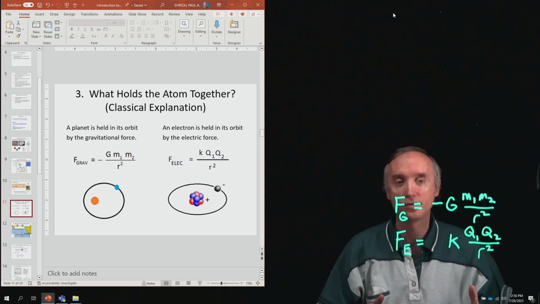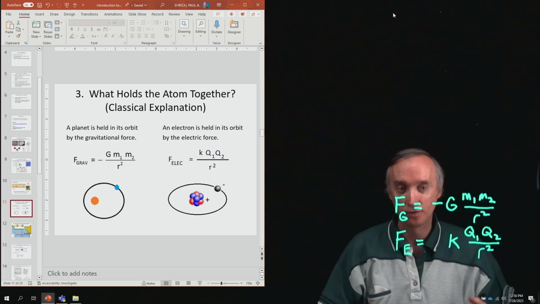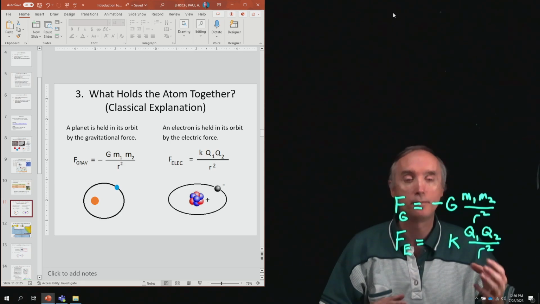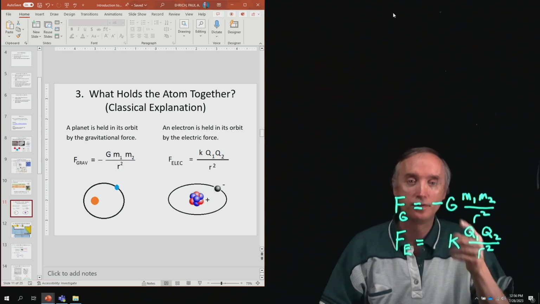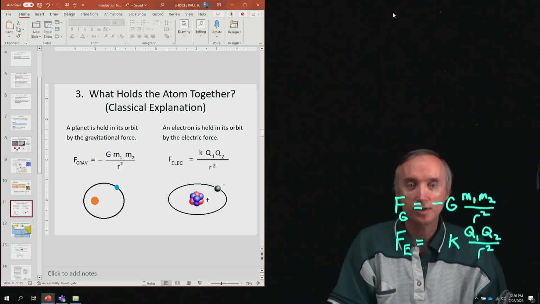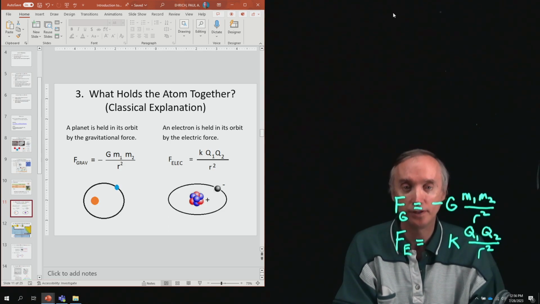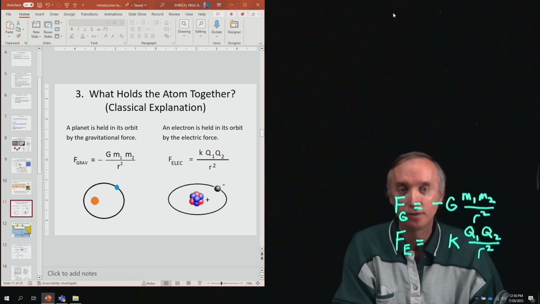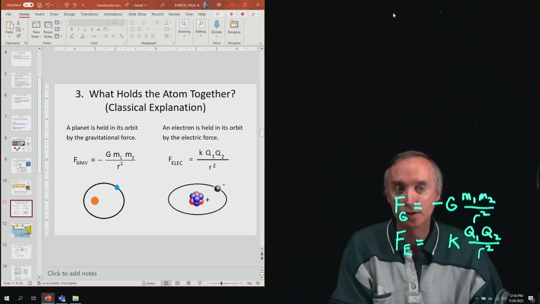Opposites attract. So think about magnets. The north end of a magnet is attracted to the south end of a magnet. So a positive charge is attracted to a negative charge. So in this picture here, you have a nucleus which is positive because the nucleus contains protons, and the protons are positive.